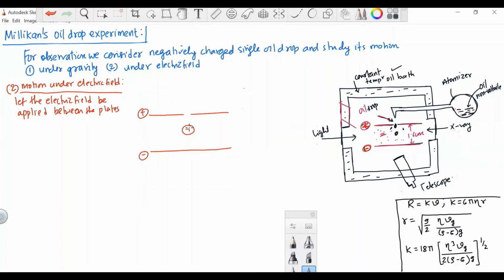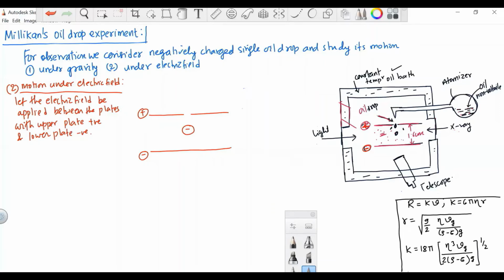So what we find now, the oil drop moves upward, because the upper plate is positively charged and the lower plate is negatively charged.